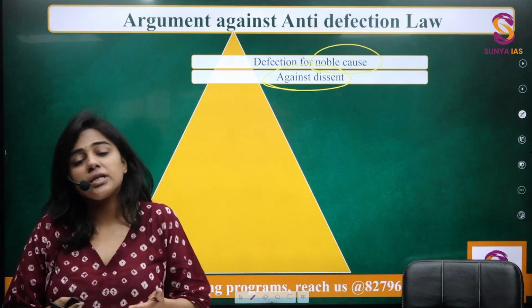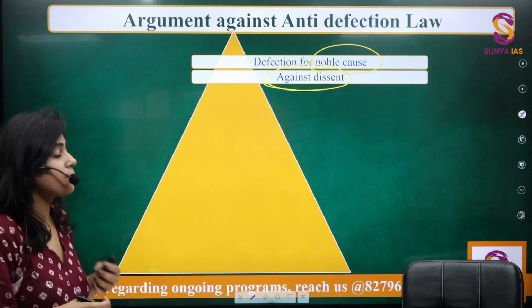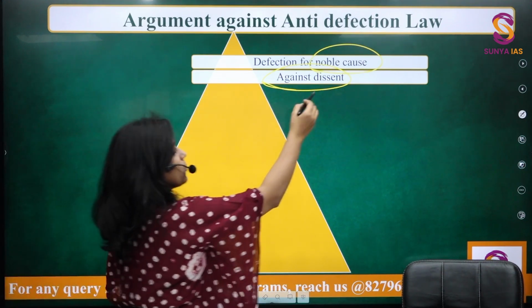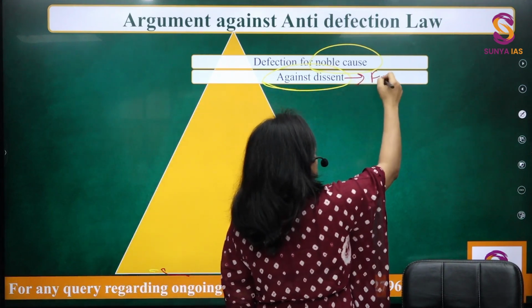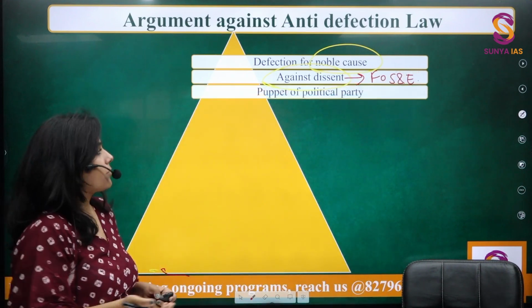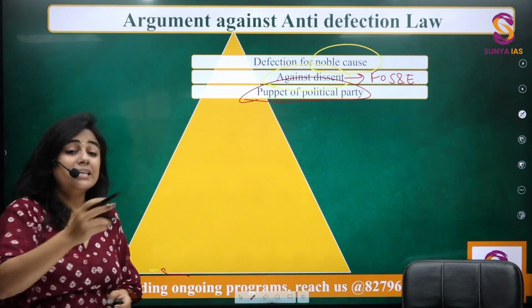Without opposition, democracy cannot function. So it's against dissent. This point can be expanded to say that freedom of speech and expression is also violated here. We become a puppet of the political party.